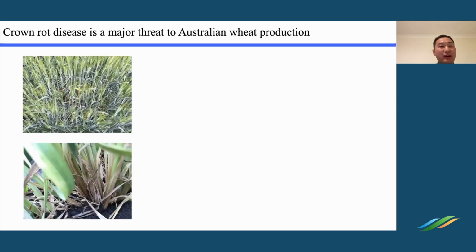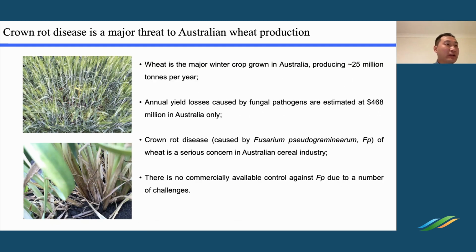So in this talk, I will use Fusarium pseudograminearum, the pathogen, as an example. It causes the crown rot disease of the wheat plant. In Australia, wheat is a major winter crop, with an impressive annual production estimated at around 25 million tons a year.